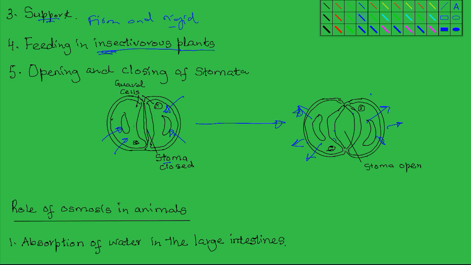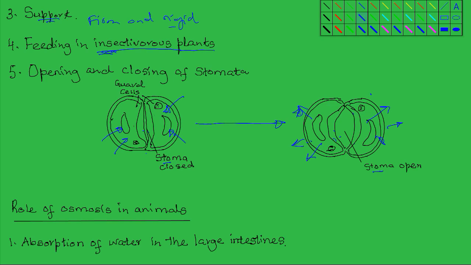Opening comes about when the guard cells gain water and become turgid, and closure comes about when the guard cells lose water to the surrounding epidermal cells, become flaccid, lying side by side, and in that state they narrow or close the gap between them and the stoma is said to be closed. Those are the roles that osmosis plays in plants.